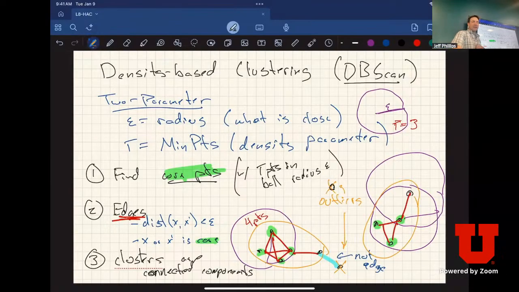But the circles are centered at each of the data points. So I check the circle centered at this data point, how many other data points does it include? That's what defines a core point. So if I have tau points in a ball of radius r centered at that point. Great, thank you for asking that question.